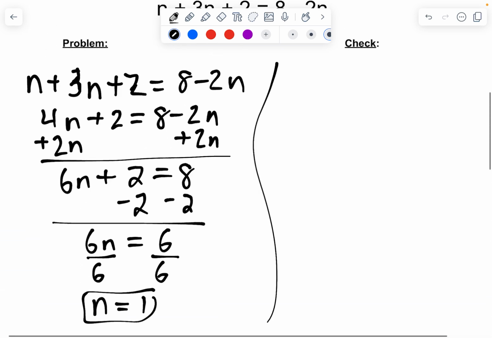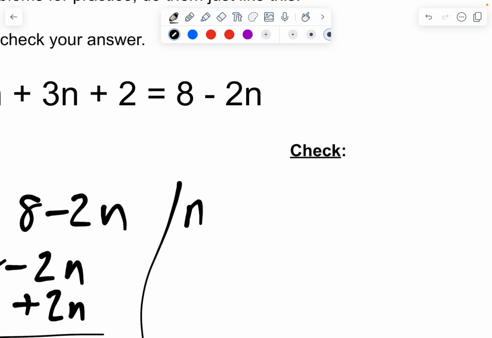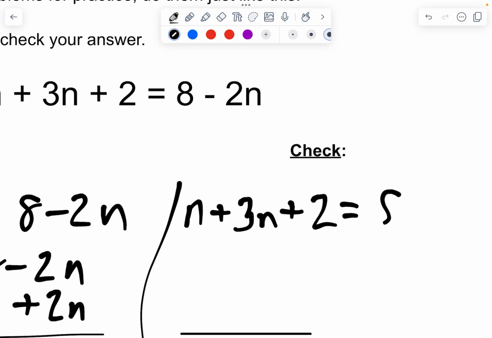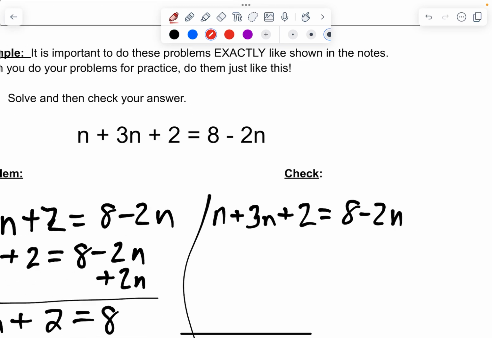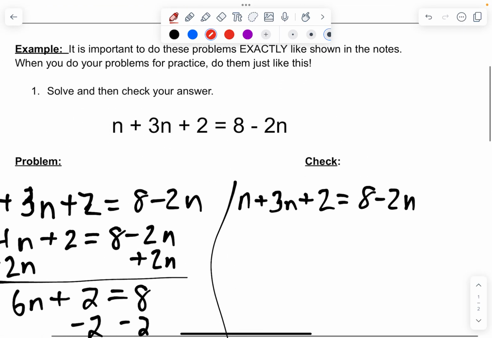So let's go ahead and do our check. I'm going to take out n and I'm going to put in 1.